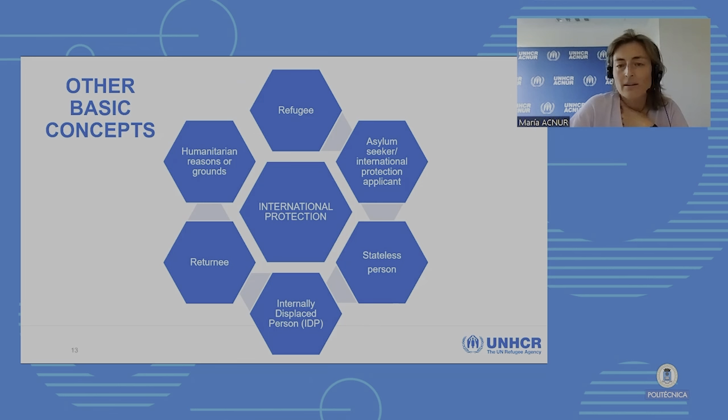So anybody wants to jump in, pick one of these terms, not refugee, we've already talked about refugees, and explain what they understand behind these terms. So feel free. Anybody? Or shall I start picking people?